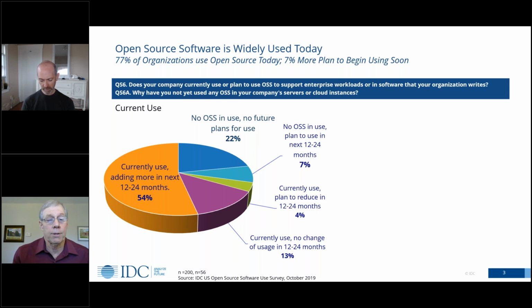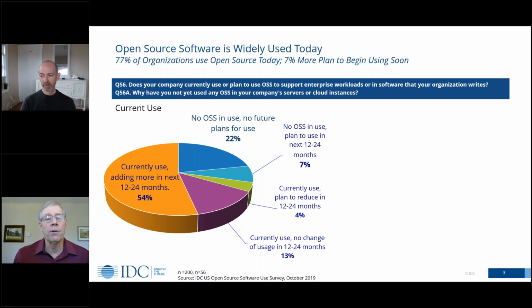You can see here that right now 54% of the people are telling us they're currently using it and adding more, and there's another 13% that are currently using it but with no change in usage, and another 7% say that they're planning to add open source software. Overall, 77% of organizations are using open source today. That's 3/4 of organizations overall. So chances are pretty good your organization is using open source at this point in time.